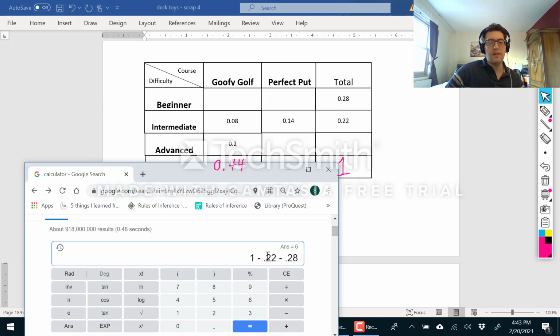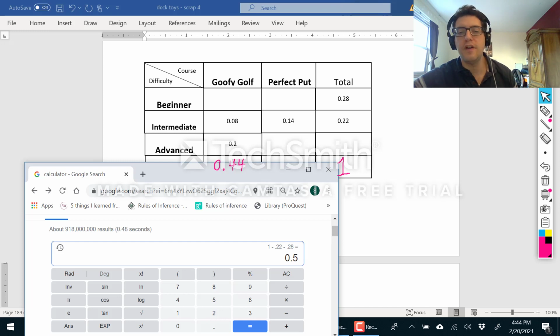You don't actually have to put the 0 in. Well, if you're doing the activity in Deck Toys, then to put in the answer, I always make it so that you have to put 0 point something. You have to fill in that 0 if you're doing one of my activities in Deck Toys, but you don't have to do it in the calculator. And we would get 0.5 over here.